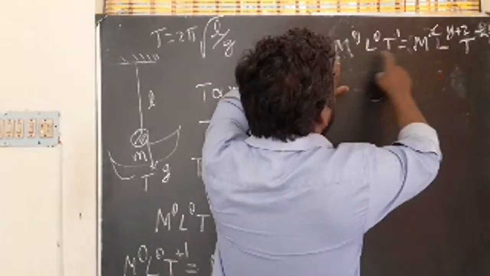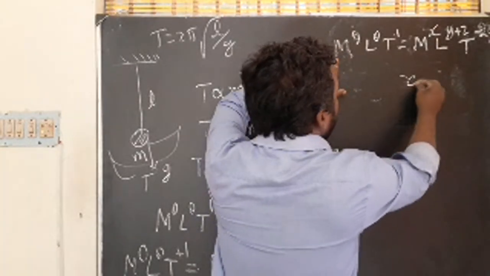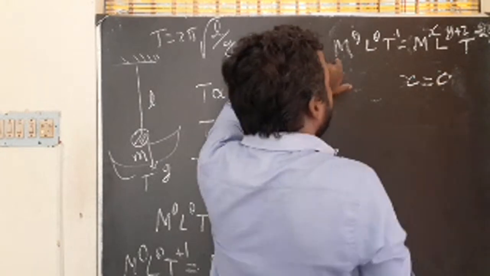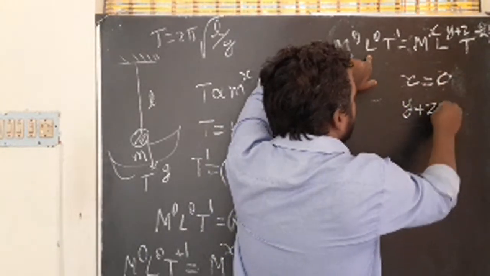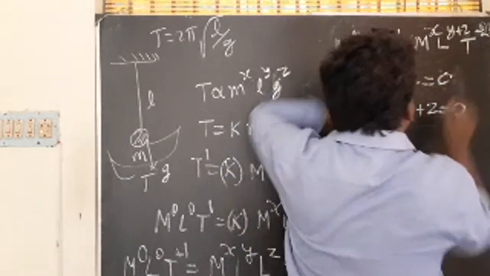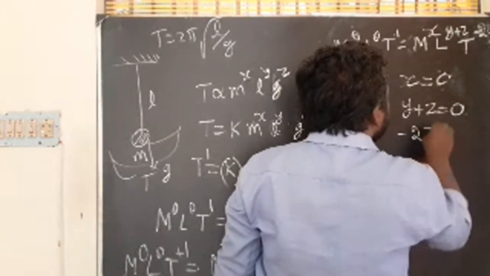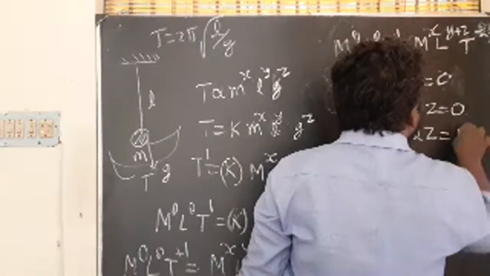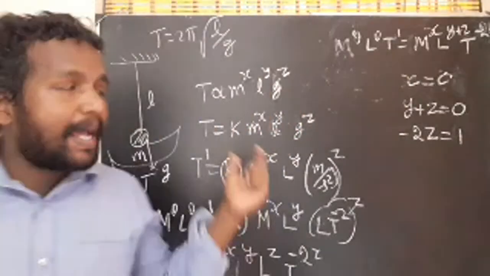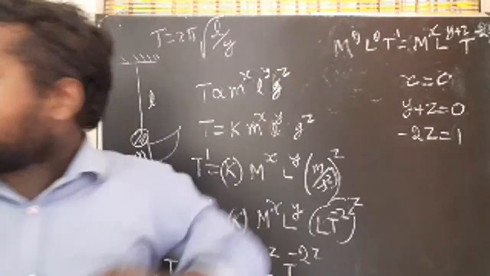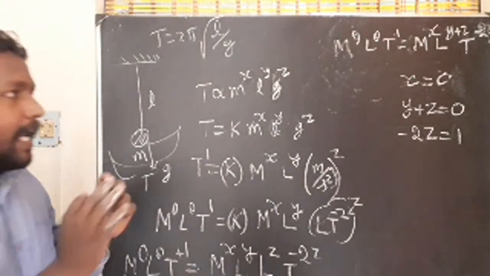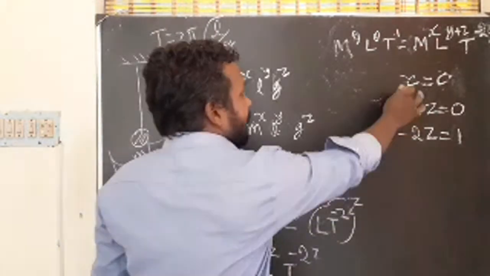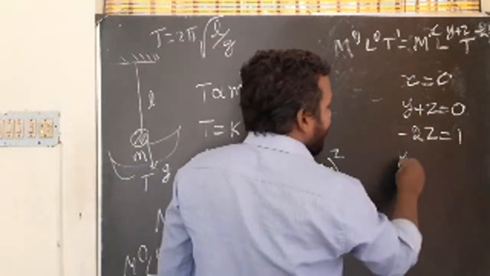So base is same, X is equal to 0. Then base is same, Y plus Z is equal to 0. Then time, minus 2Z is equal to 1. Just a comparison of one base to another base. It's very simple. Now what is going to happen? X is 0, Y is minus Z.